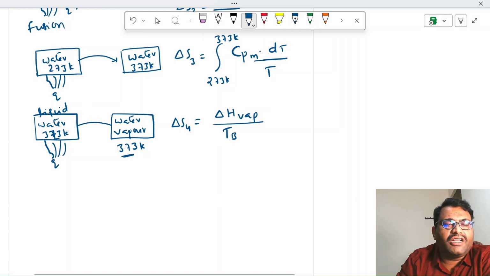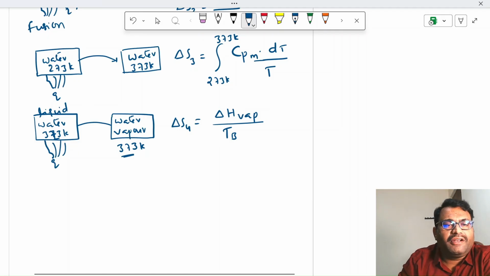Here water in liquid state is at 373, and water vapor is also at 373. Right? So whatever heat is supplied to the water, that is the change in the enthalpy at that particular boiling point, which gives you the change in the entropy.